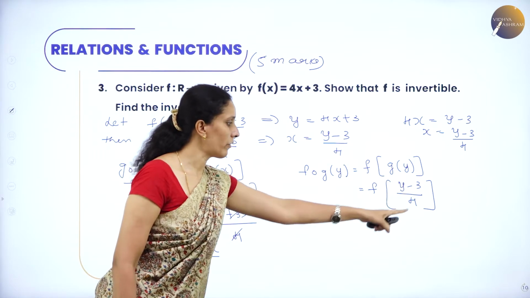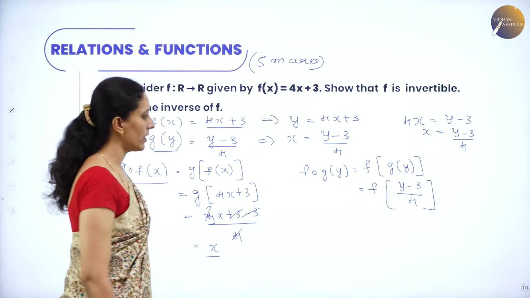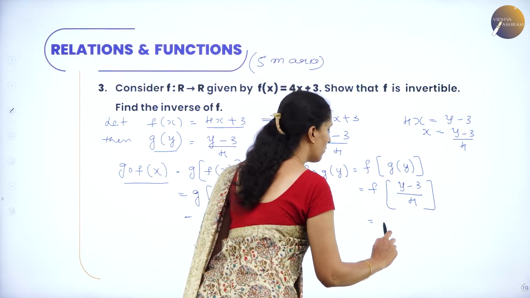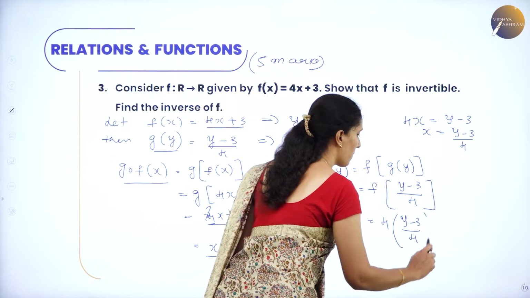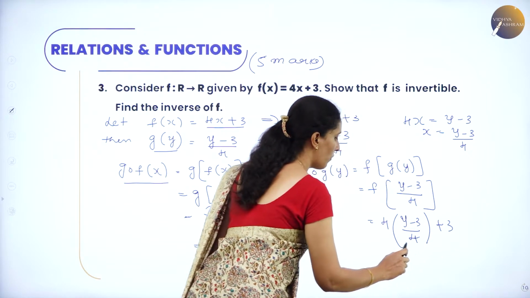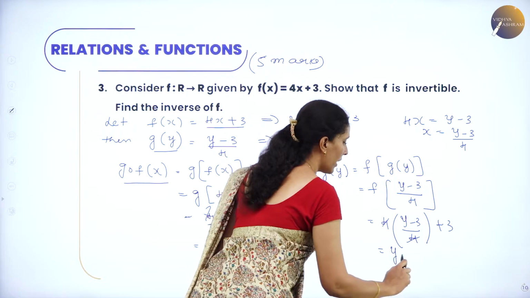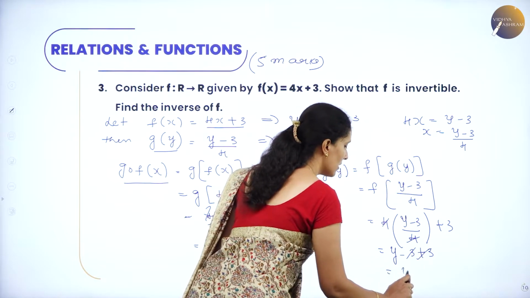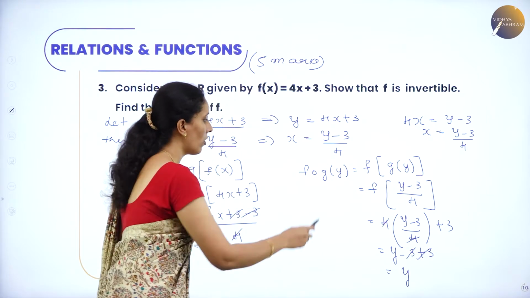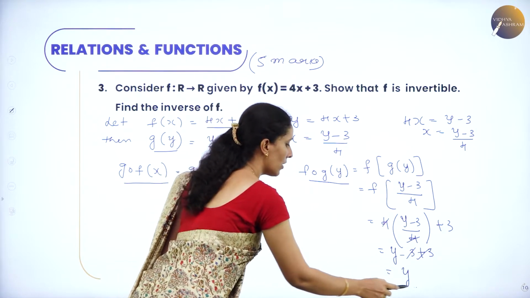So in the place of x, replace it by (y minus 3) by 4. So we get 4 into (y minus 3) by 4 plus 3. So 4 gets cancelled. We get y minus 3 plus 3, and minus 3 plus 3 cancel. So we got y. So we got f naught g of y is equal to y.